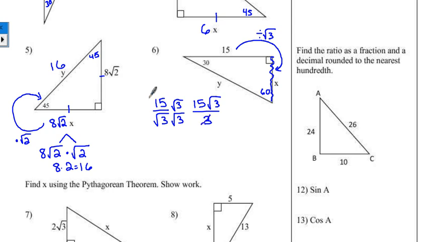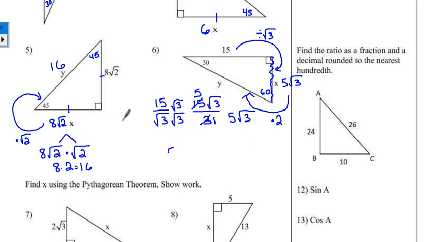3 will go into 3 one time. 3 will go into 15 5 times, and remember, anything over 1 just reduces to that number, so it would just be 5 square roots of 3. That would be my short leg. Then to go from my short leg to the hypotenuse, I'm making it bigger, so I'm multiplying, and that number would be 2.